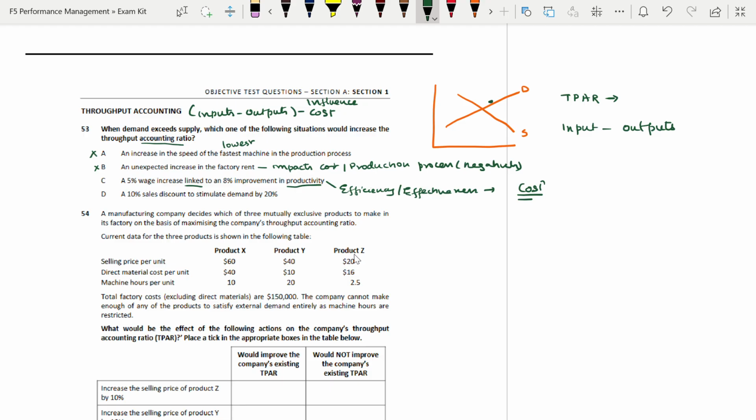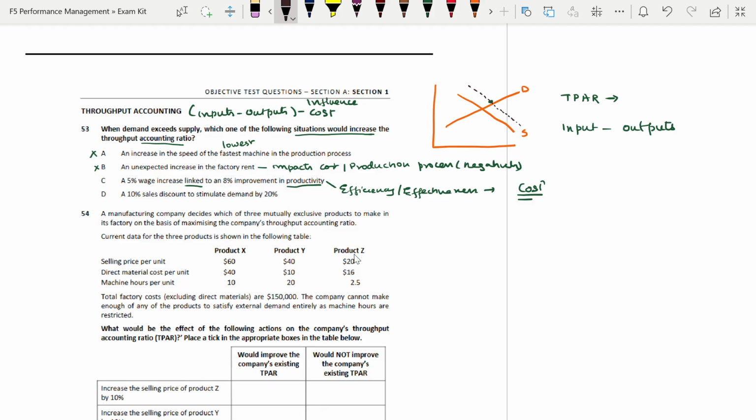Which of the following situations would increase the throughput accounting? We want to make sure that supply has to increase. That's very important: supply has to increase with the demand. When the supply has to increase with the demand, you increase the wage.